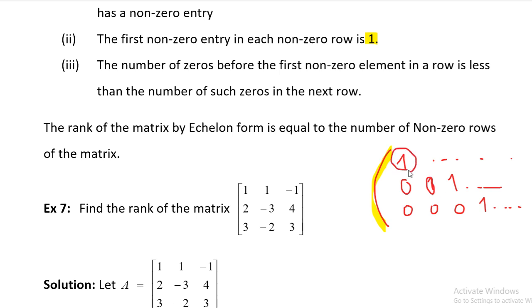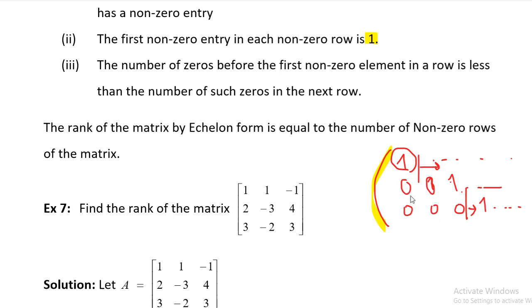If this is the leading entry, then the next leading entry has to be on the right here, and the next one on the right of that. So every next row should have its leading entry to the right of the leading entry of the previous row. This kind of form is called the echelon form of a matrix.